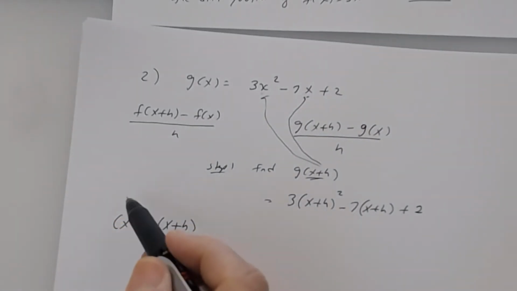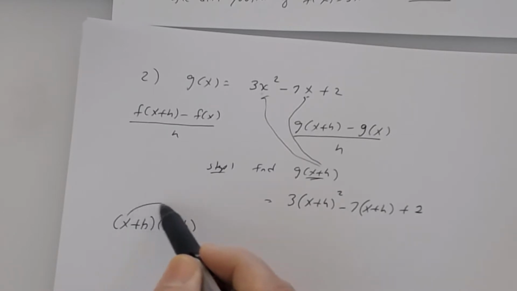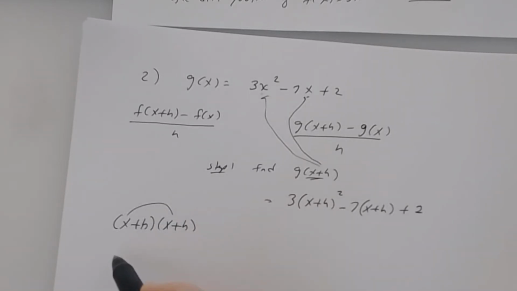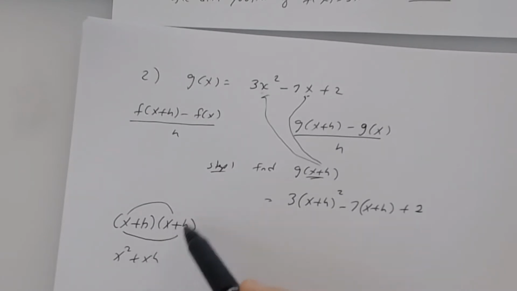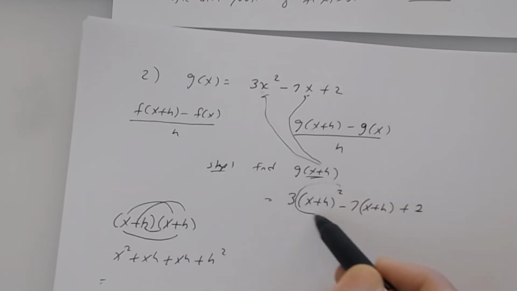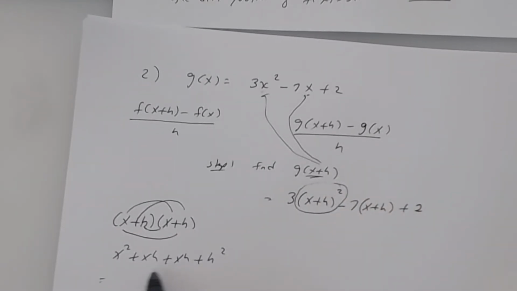When I FOIL this out, what's x times x? What's the outer? Now remember, when we square a binomial, the outer and the inner better be the same. What's the inner? xh, in alphabetical order. And h times h is h squared. So whenever you square x plus h, it's always going to be this.